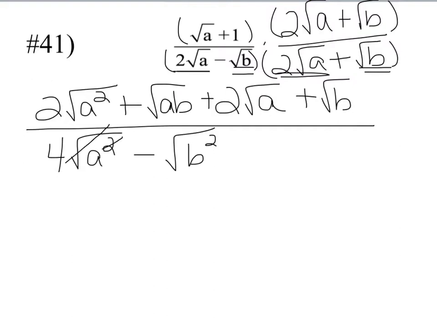The square root and the square cancel here, and the square root and the square cancel here. So that's going to leave your answer 2. Oh, and I'm sorry. The square root and the square cancel here.